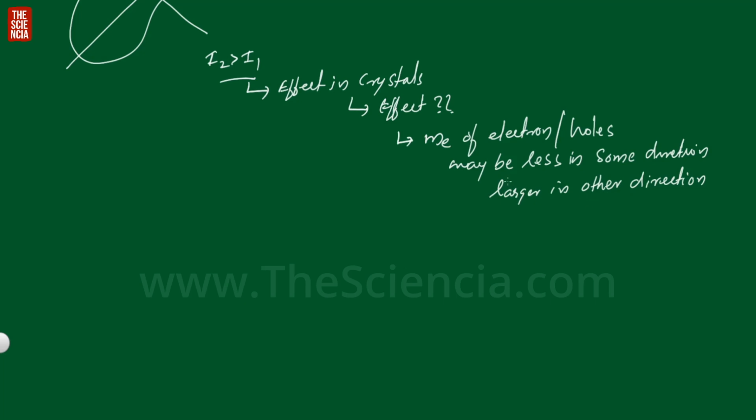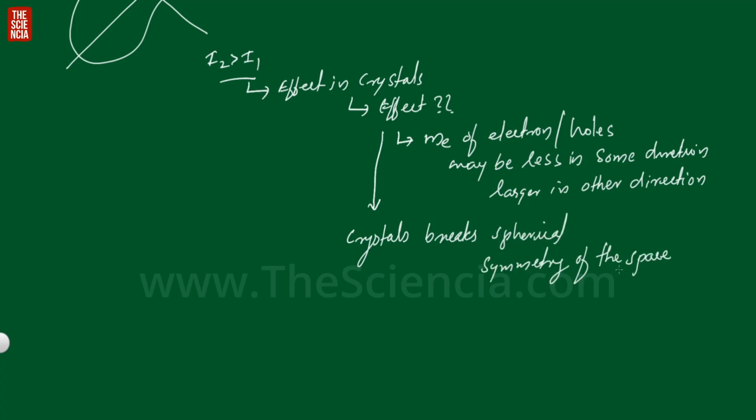So in crystals, the effective mass of electrons or holes will not be the same. It depends on the direction of its motion. And why this effect? Because some crystals break the spherical symmetry of space. So here the rigid body breaks the spherical symmetry of space. That is why we introduced this moment of inertia tensor. We discussed this effective mass and all in our solid state physics.